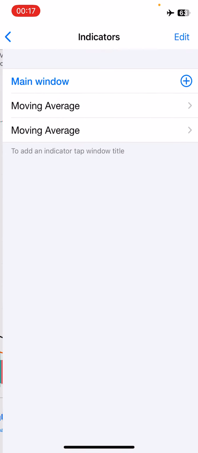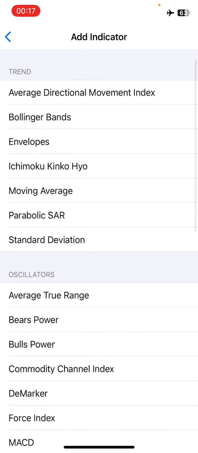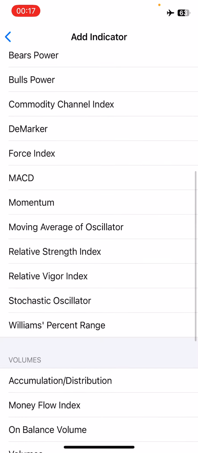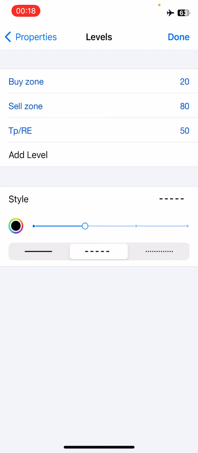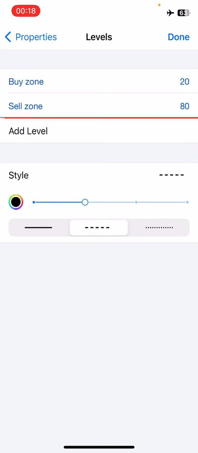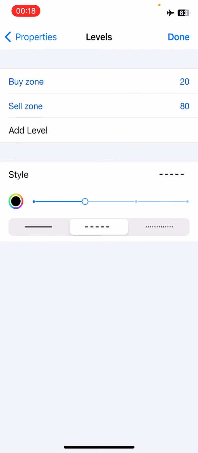Next, we're going to need a stochastic oscillator on our charts, which is right here, and it should have the following properties that you see on my screen: a %K period of 1, a %D period of 1, a slowing of 1, a price field of low/high. The method is simple. There are three levels, but let's just stick to two. We're going to need a buy zone and a sell zone.